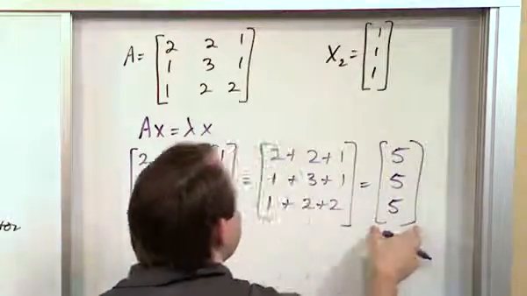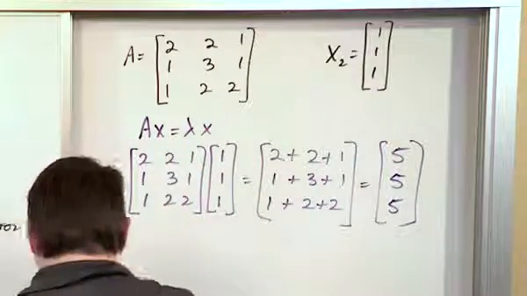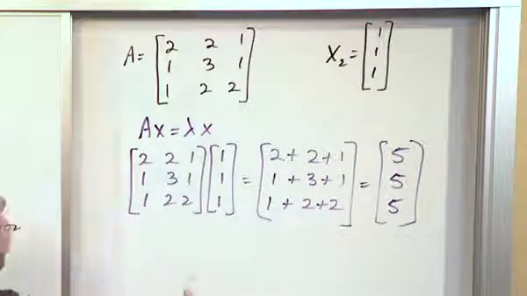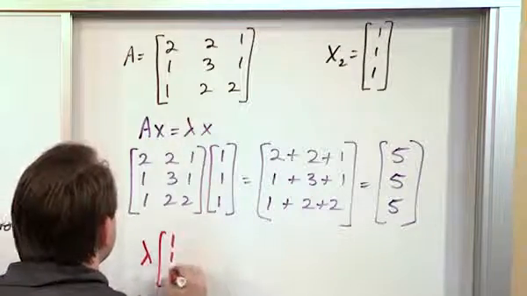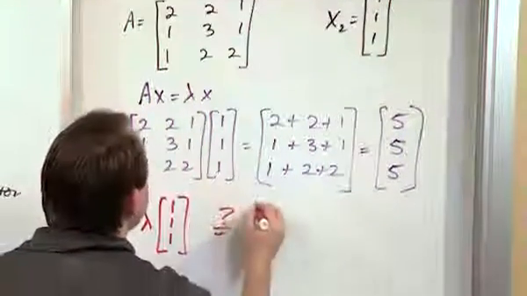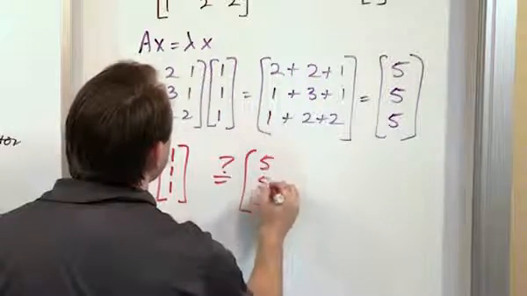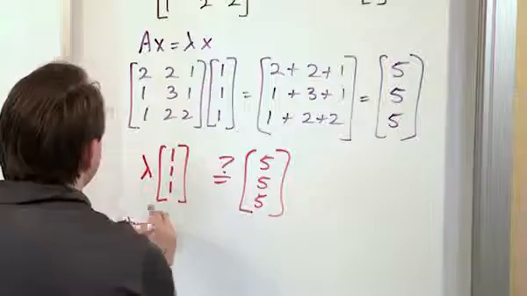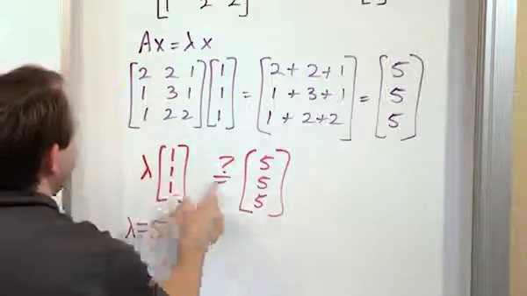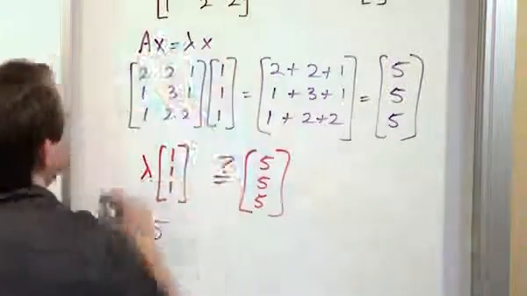And the question is, is this a linear combination of this? Of course, you can see right away that it is. The way you write that is lambda times my original vector. Is this equal to what I just calculated, 5, 5, 5? And the answer is yes, lambda has to equal 5. If I put a 5 here and multiply by each of these, I get what I have calculated here.